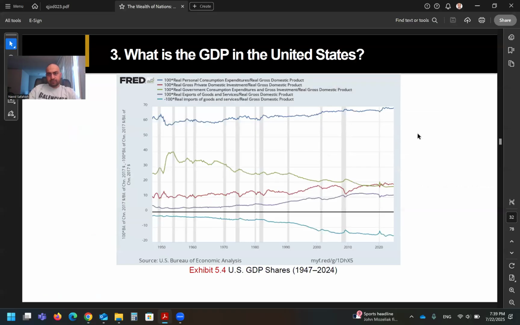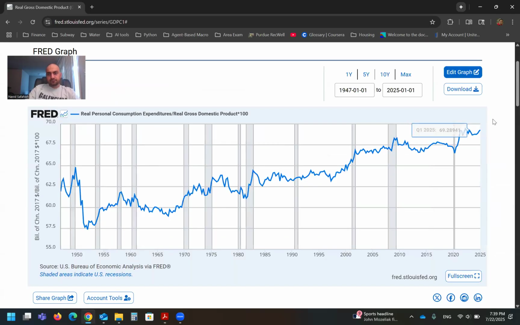Let's compare that with these. You can see that it actually fluctuates over time. Sometimes it is higher, sometimes it is lower. One interesting thing that I want you to focus on is that during recessions, we usually see an upward slope for the share of consumption. This is because during recessions, people tend to sacrifice less important things in their basket.